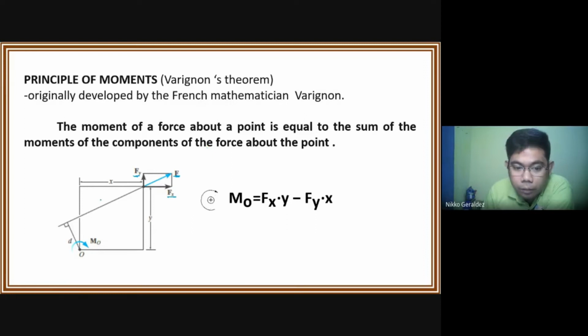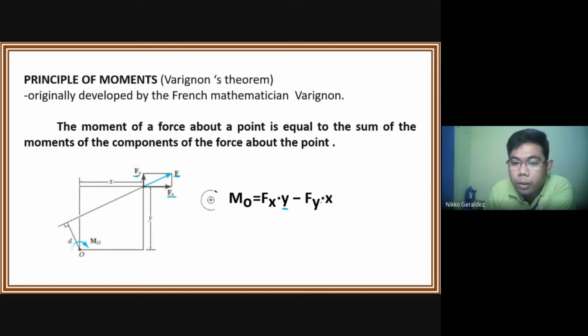Or, halimbawa, dito sa figure natin, the moment produced by the force F is equal to the moment produced by the x component, clockwise, so that is the x component of the force times the perpendicular distance, that is y, the vertical distance.